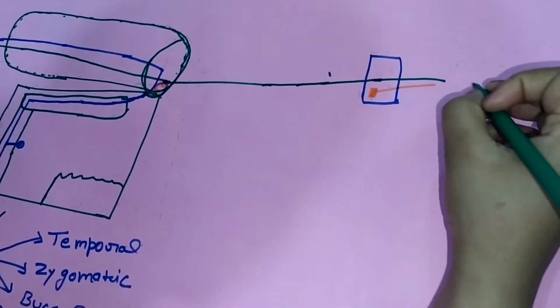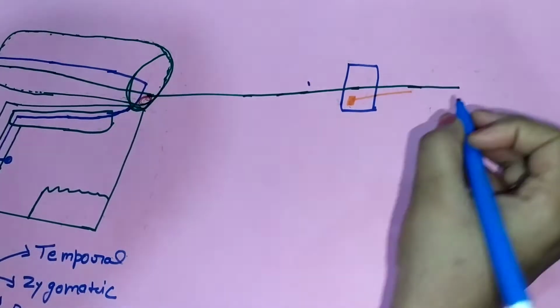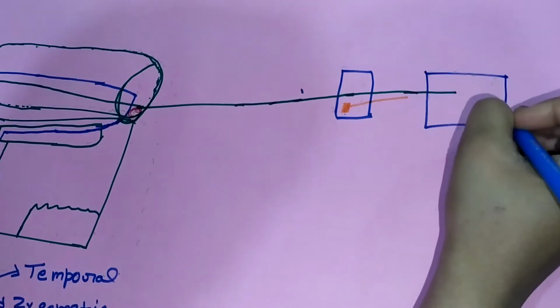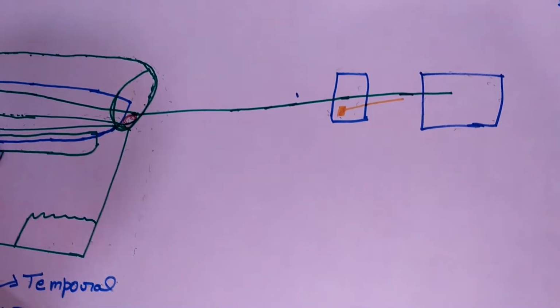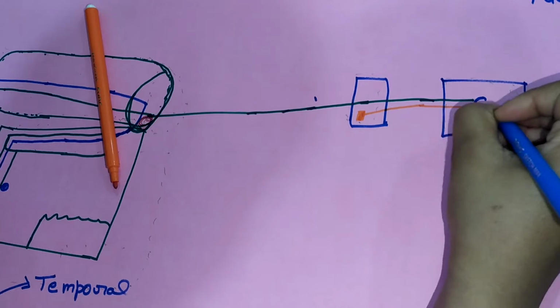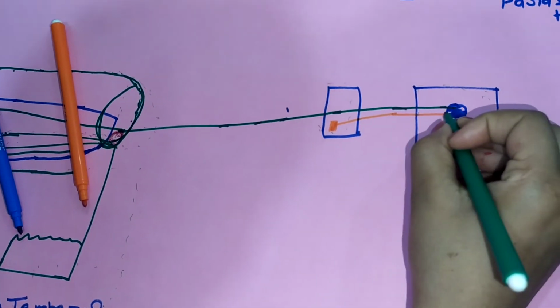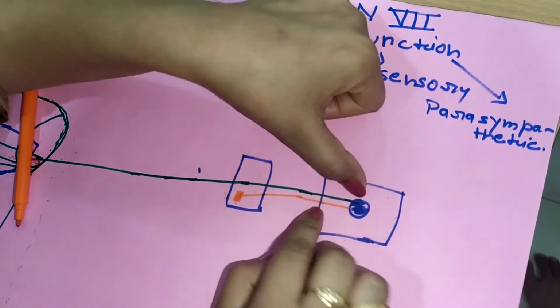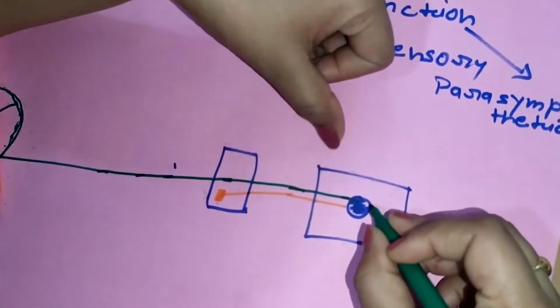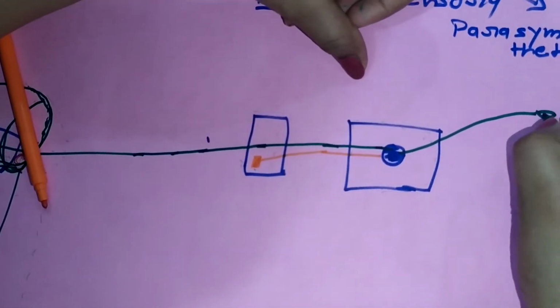Then these both nerves enter into the pterygopalatine fossa. This is the pterygopalatine fossa. There is a pterygopalatine ganglion. The preganglionic parasympathetic fibers end here, and postganglionic fiber starts from here and reaches the lacrimal gland.